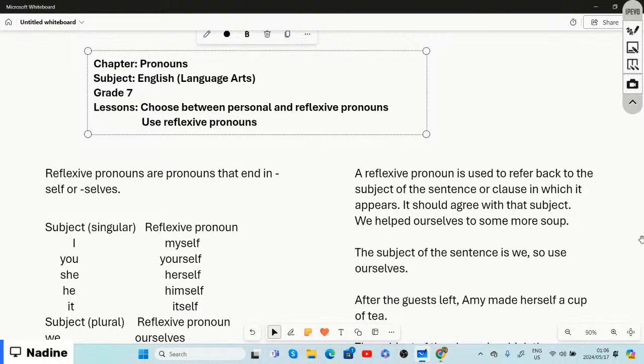All right, so our lessons are to choose between personal and reflexive pronouns and to use reflexive pronouns.